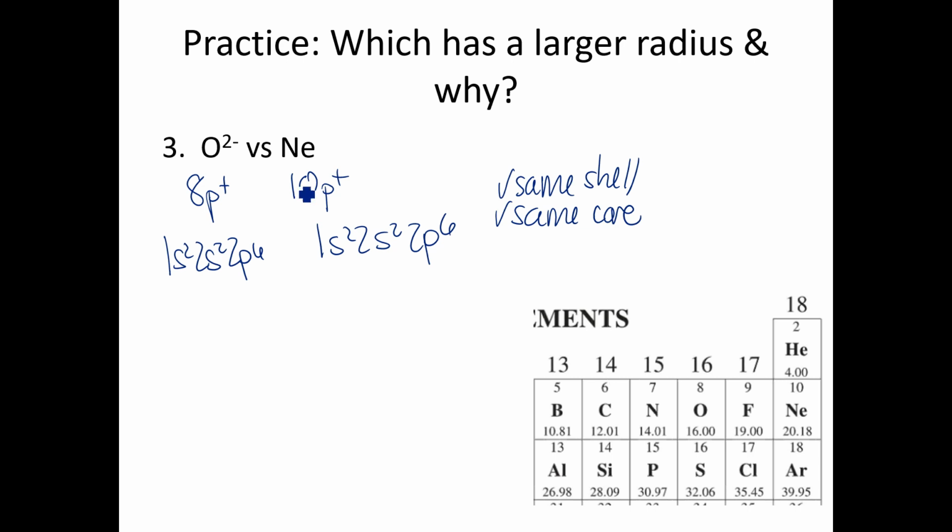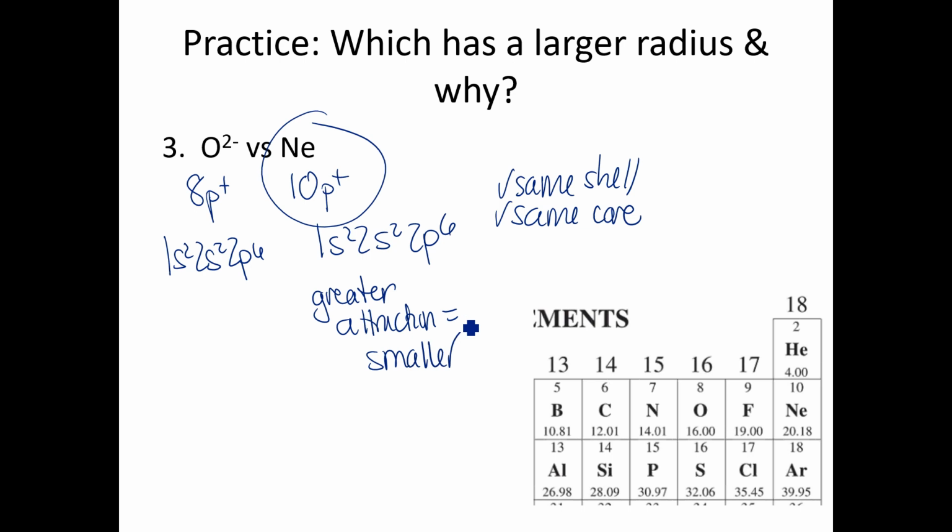What's different, though, is just the number of protons. So neon has more protons, so it's got a greater attraction, so it's going to be smaller. So who would have a larger radius? Whoops, I forgot, I'm supposed to circle who's larger. Oxygen would have the larger radius because it has less attraction to its nucleus.